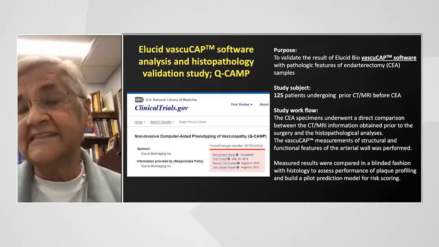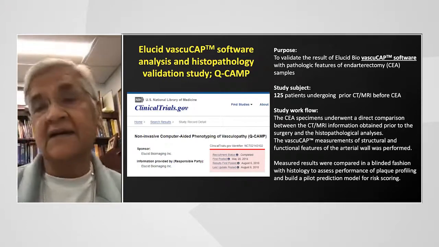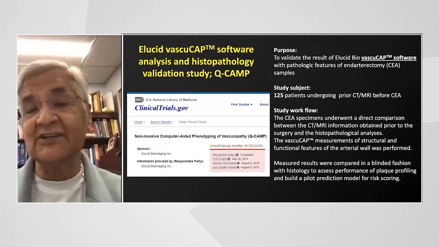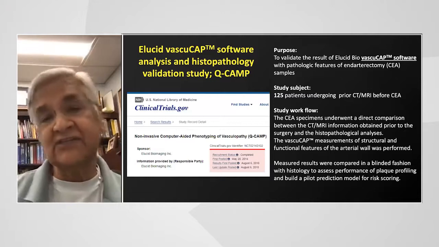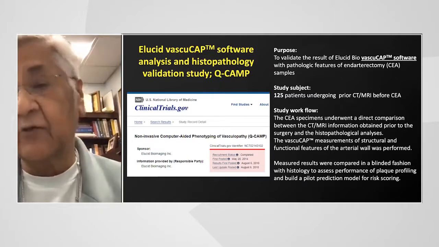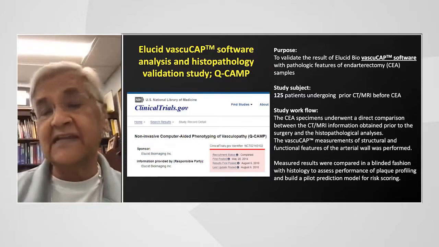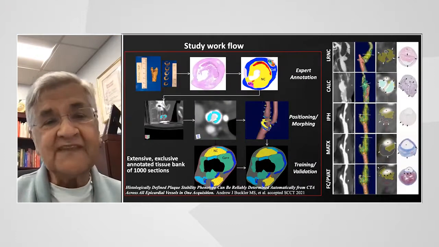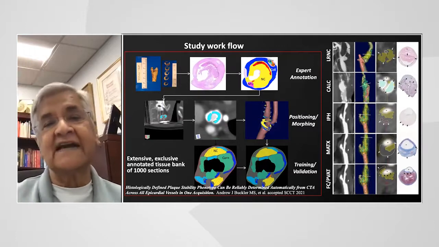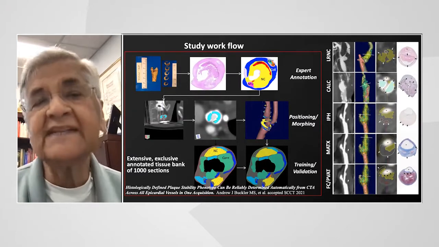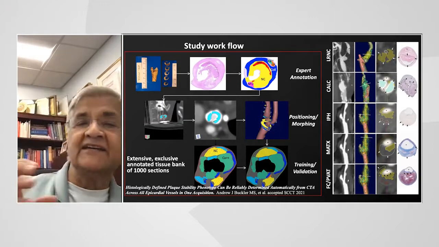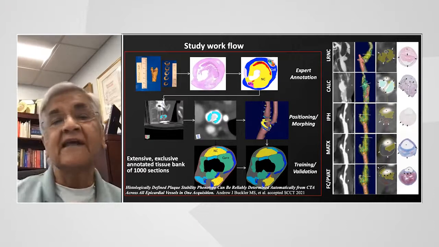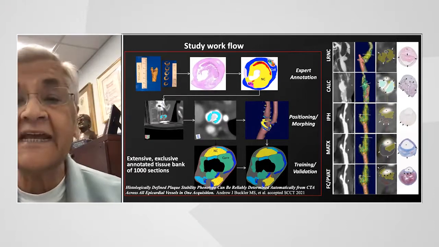had undergone CT or MRI before carotid endarterectomy, and we measured the histologic findings blinded to what the CTA or MRI showed. So each one was blinded. We looked at these plaques and did the plaque identification, unaware of what CT showed, and the CT people were unaware of what we had seen.